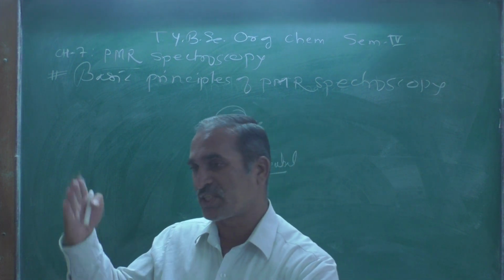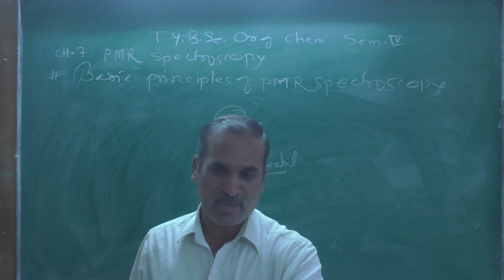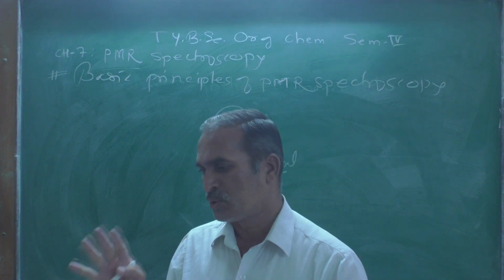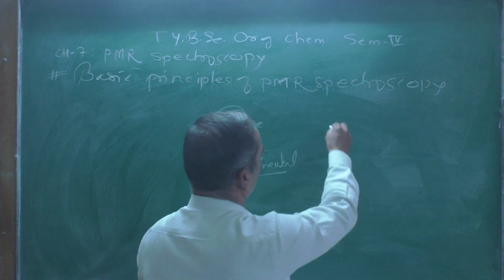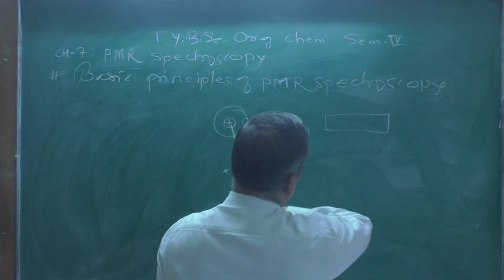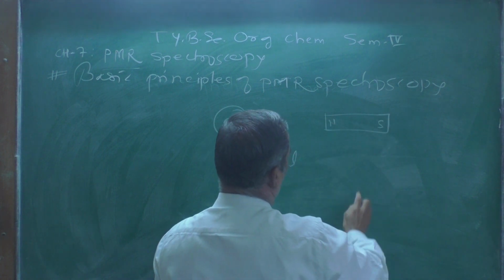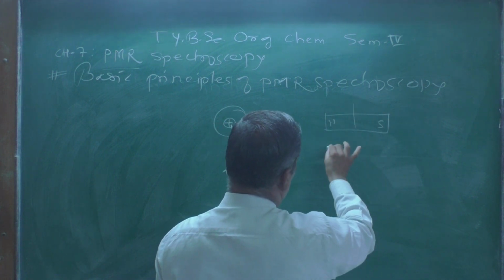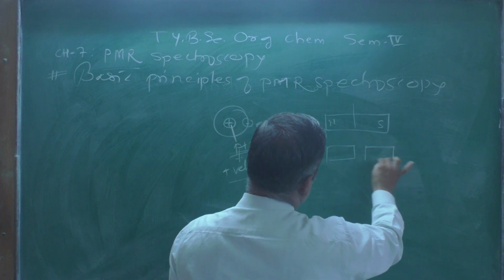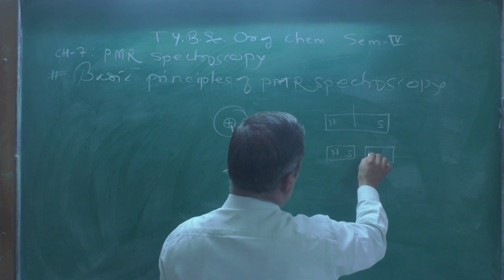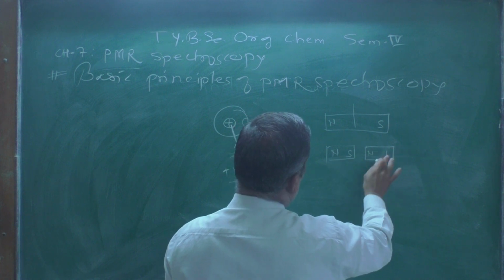If you go on cutting, the magnet always shows two poles. Suppose this is one magnet piece, showing a north and a south pole. If you cut from the middle, again this will show north, south, and here north and south.